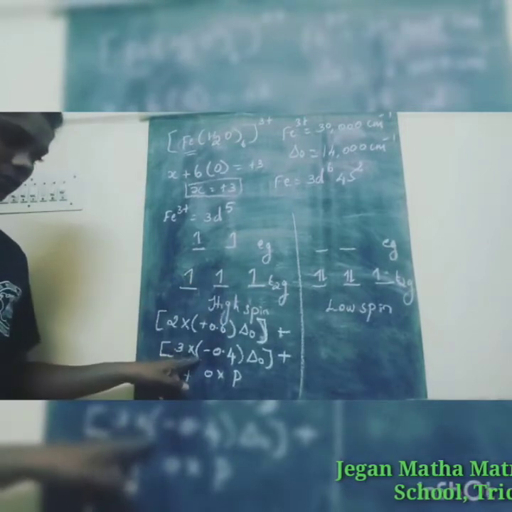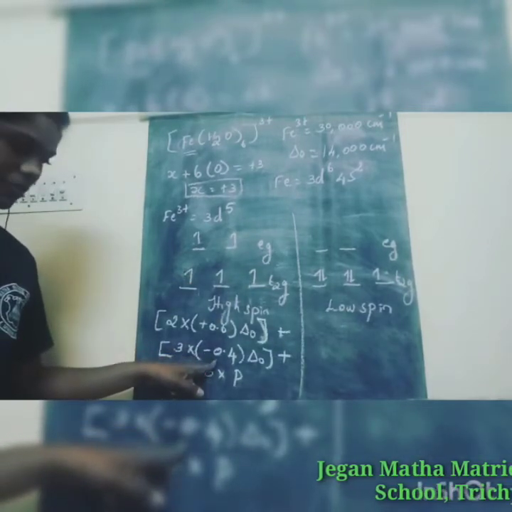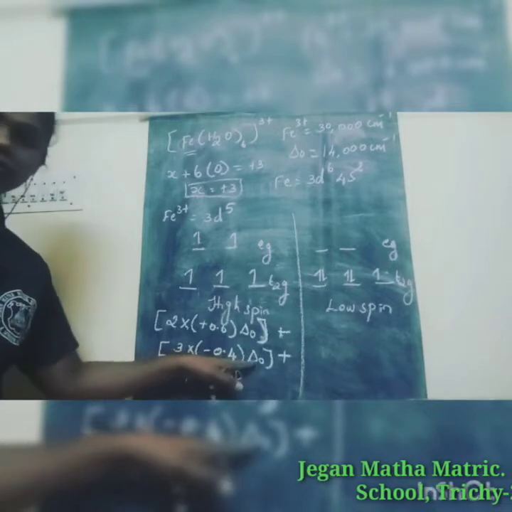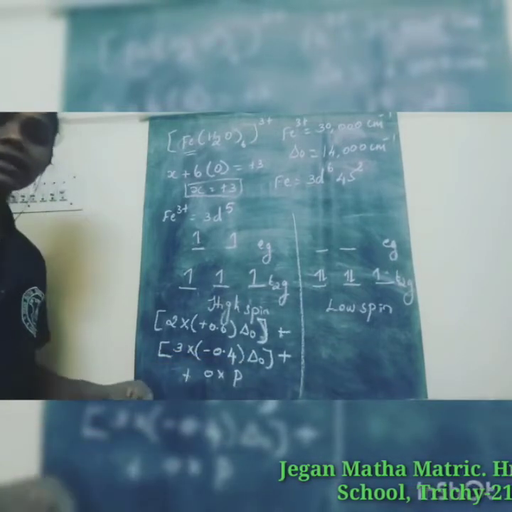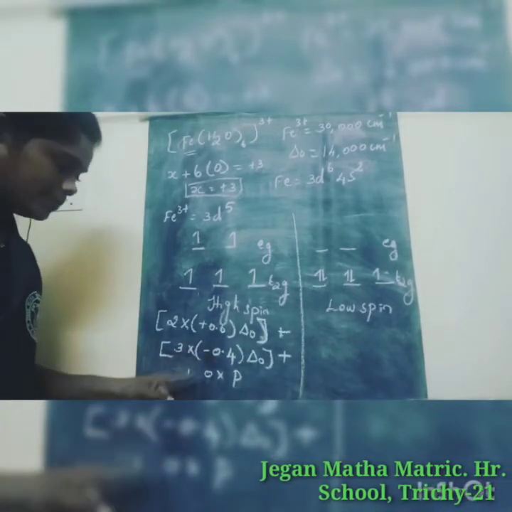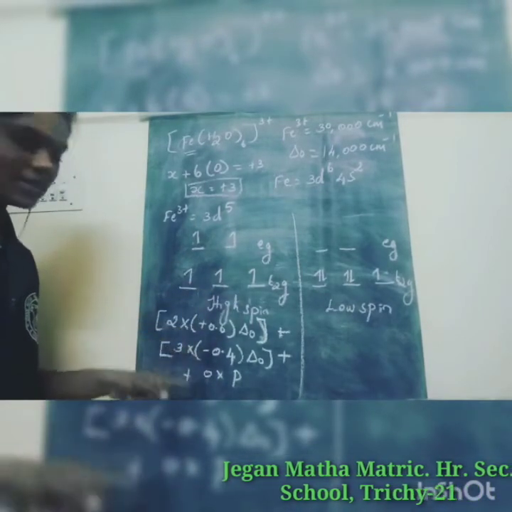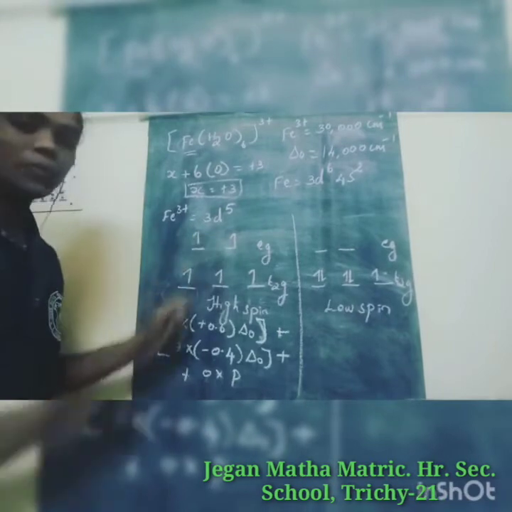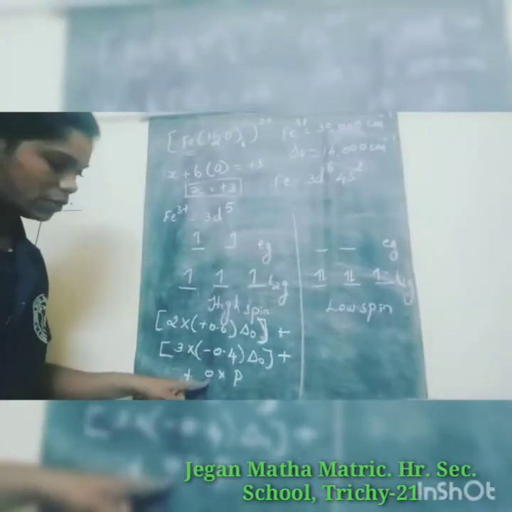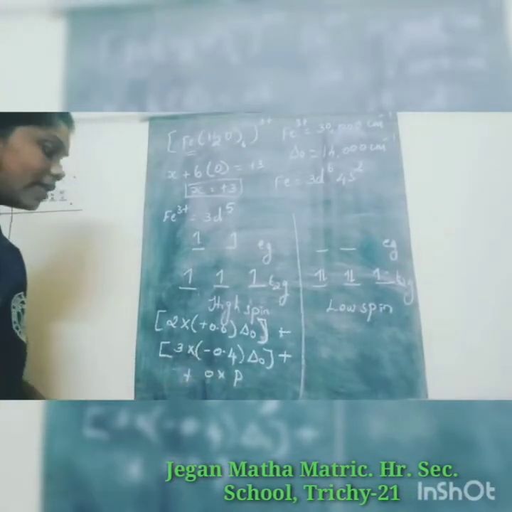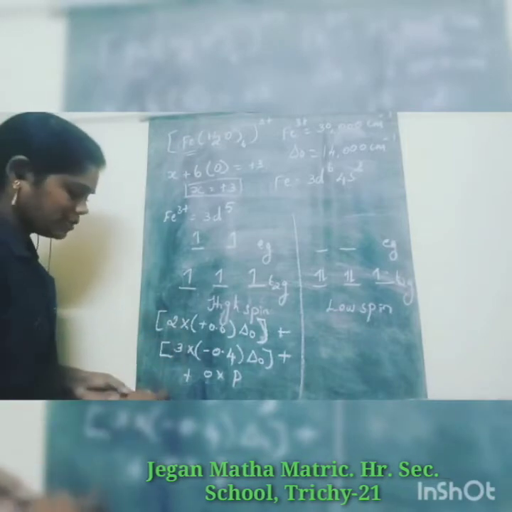So 3 into minus 0.4 Δ octahedral. So that is the t2g value, plus 0 into pairing energy, because no paired electron is present. Very clear? Okay.